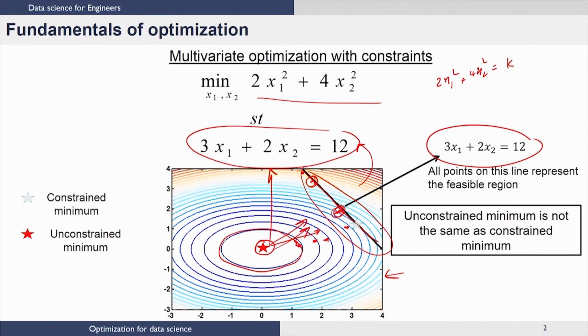So, when I just touch that line, that is the best compromise, because that is where I become feasible for the first time, and going any further would only make my objective function worse.